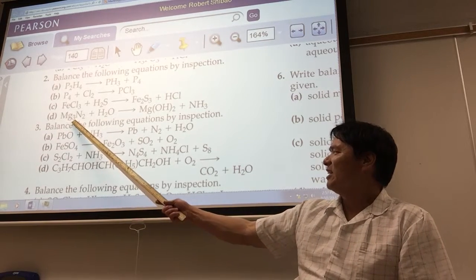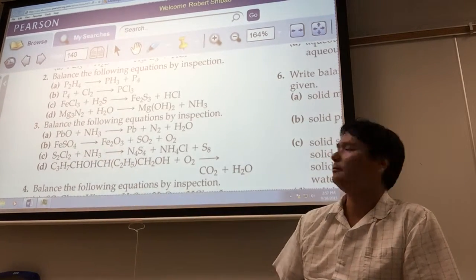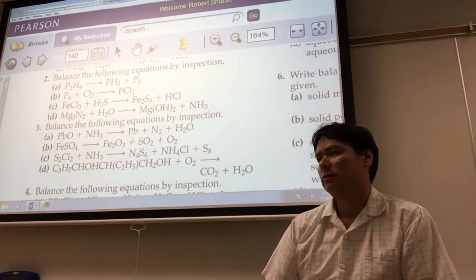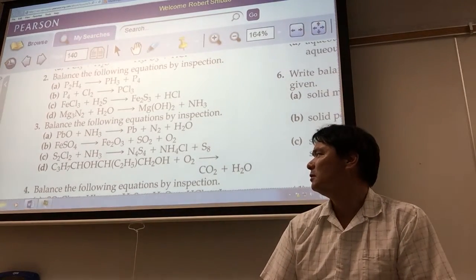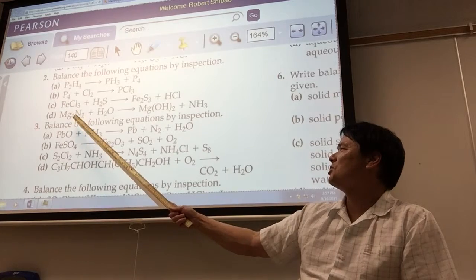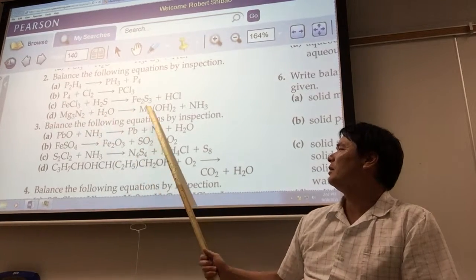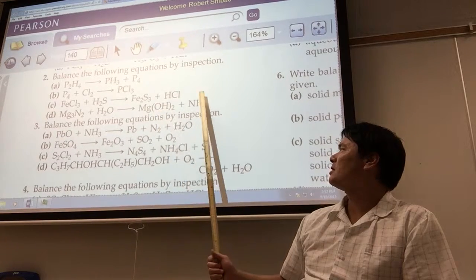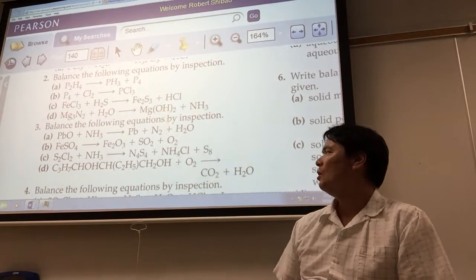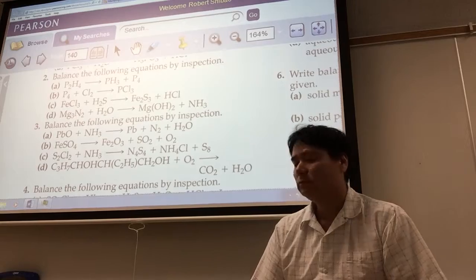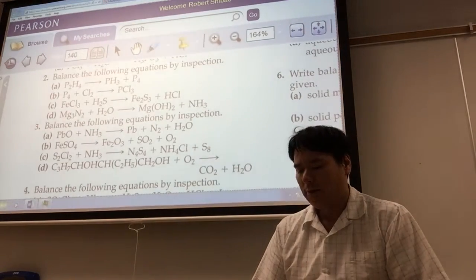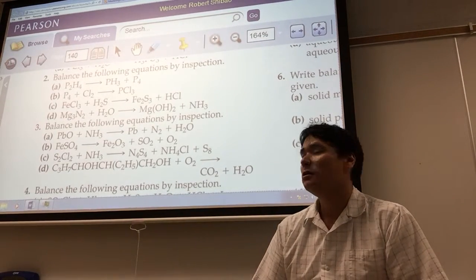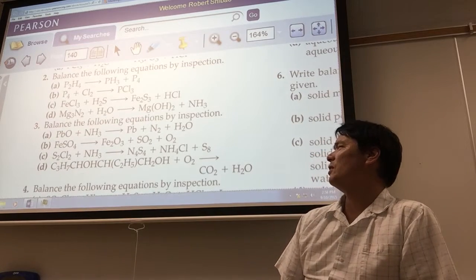How do you name this one here? Mg3N2. This is magnesium nitride. Water, this is magnesium hydroxide and ammonia. What kind of reaction is this? Maybe it's a redox reaction. And so we should take a look at the oxidation states first.